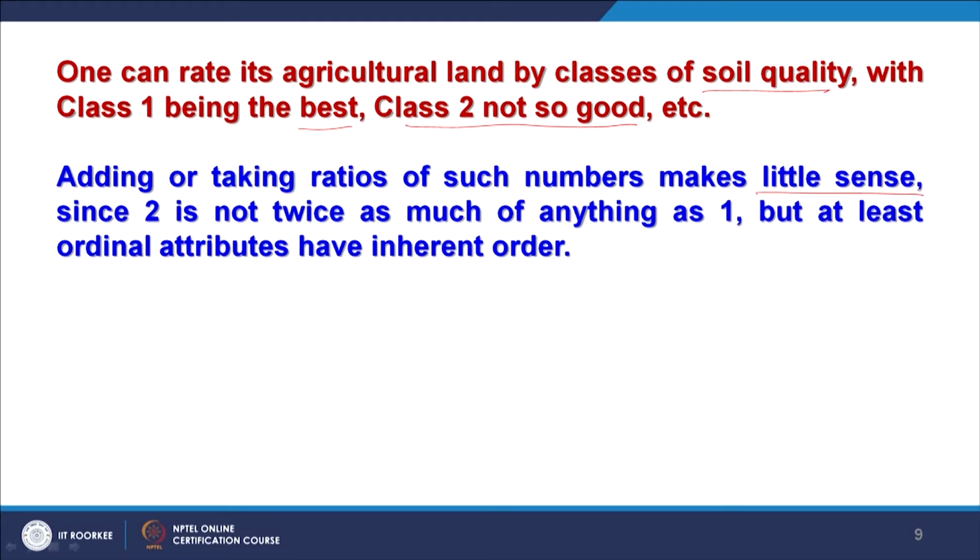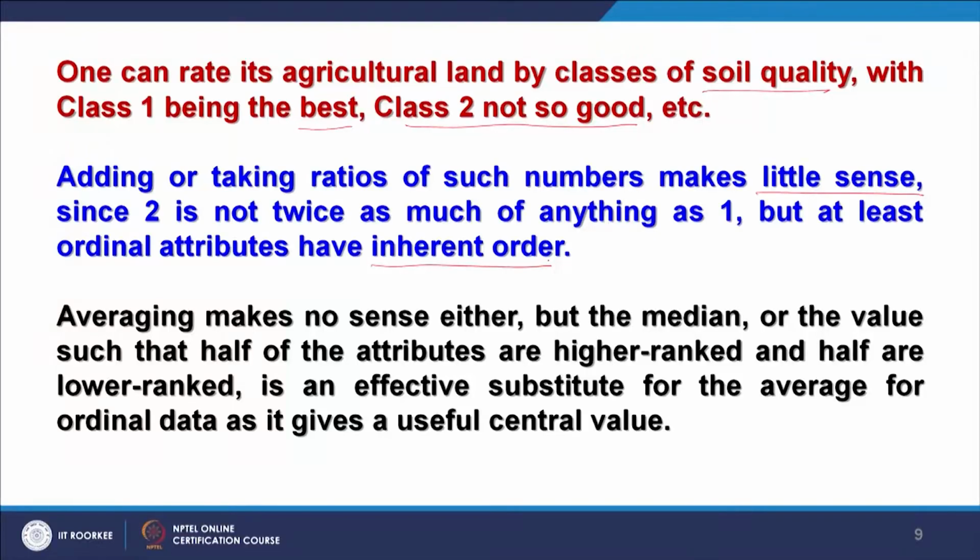So in my attribute table, I may have a heading or field name of class, and I may have values 1, 2, 3, 4. But if I perform arithmetic operations, again it will not have any meaning, though it has an inherent order.